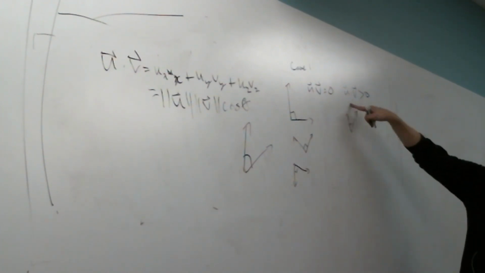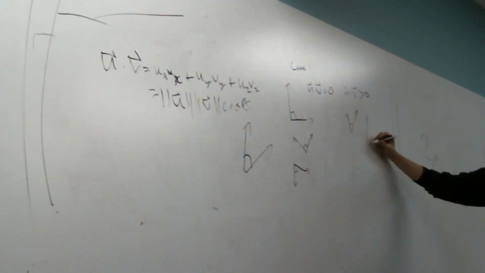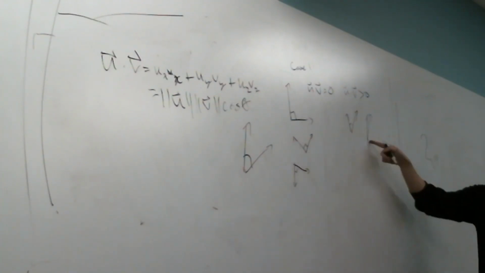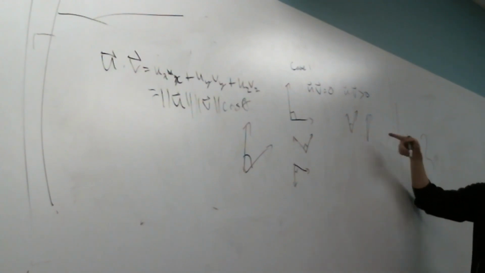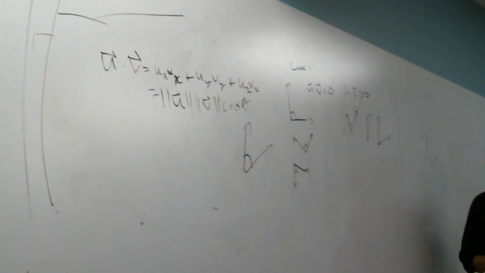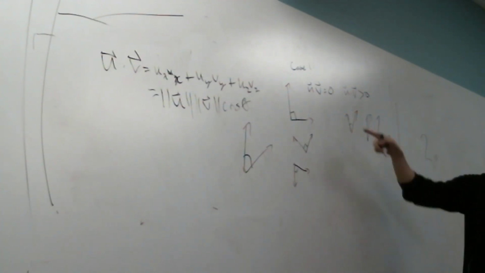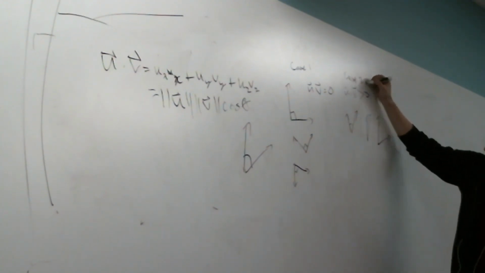And the dot product gets bigger the more similar the direction they look towards. Assuming the same magnitude, the dot product of this would be greater than the dot product of this. But mostly just focus on the cases. This would be case 2.